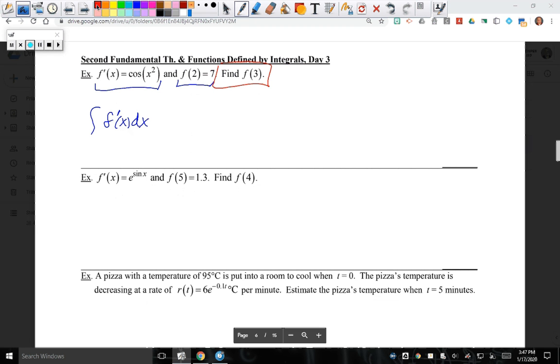Right? What does this look like? It looks like first fundamental theorem. Because if I do this, isn't it this right here? Okay. What's a? 2.